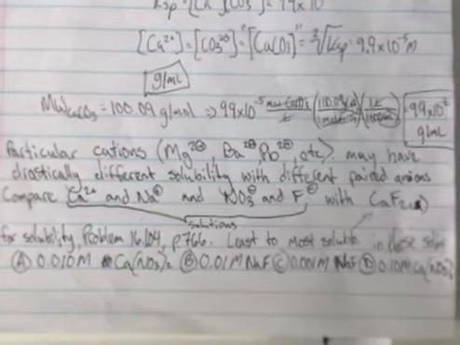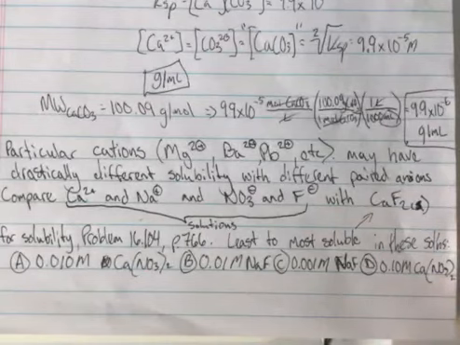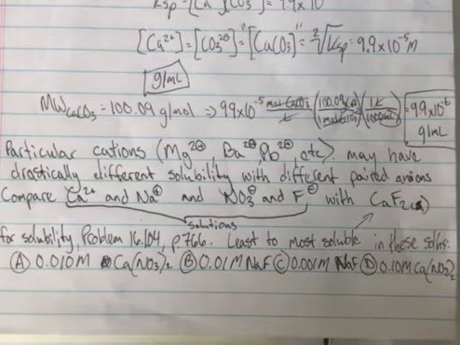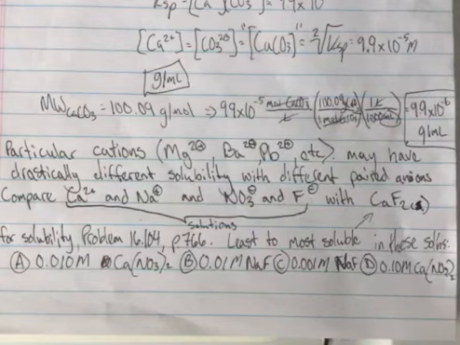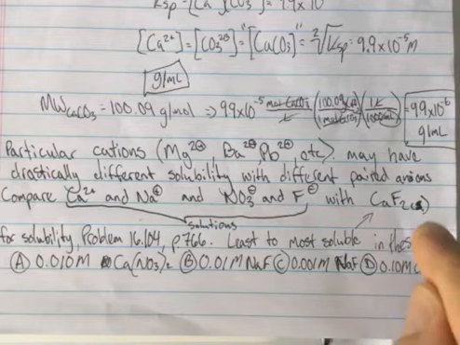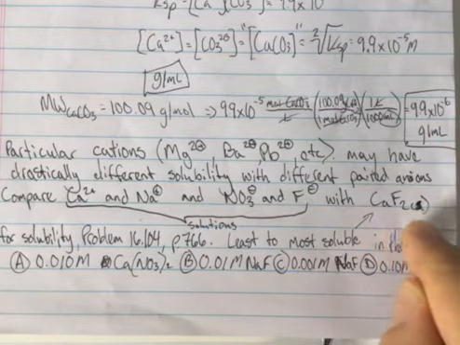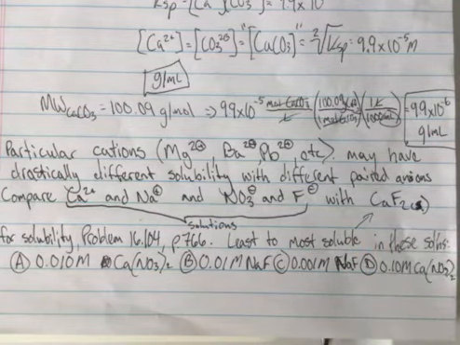All right, so to revisit, calcium fluoride is going to be most soluble in deionized water, right? There are no matching ions or common ions in place there, and that's going to maximize the solubility of calcium fluoride.